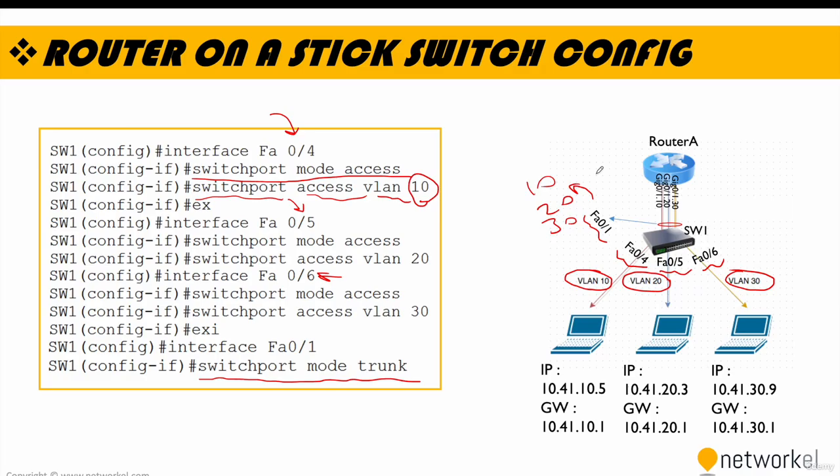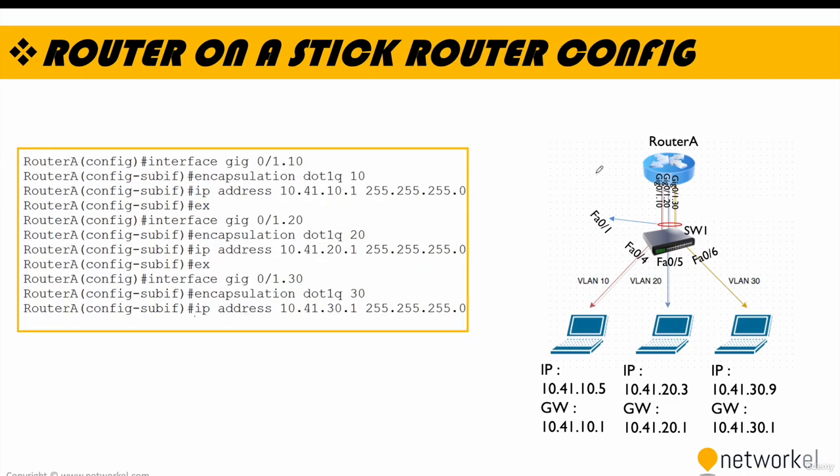How am I doing the configuration for the router side? By the way, I have my router here. As I told you, I need to create some sub-interfaces. This FastEthernet 01 is physically connected to Router A's GigabitEthernet 01. This is how they are physically connected in reality. But I am opening three different sub-interfaces for this Gigabit 01.